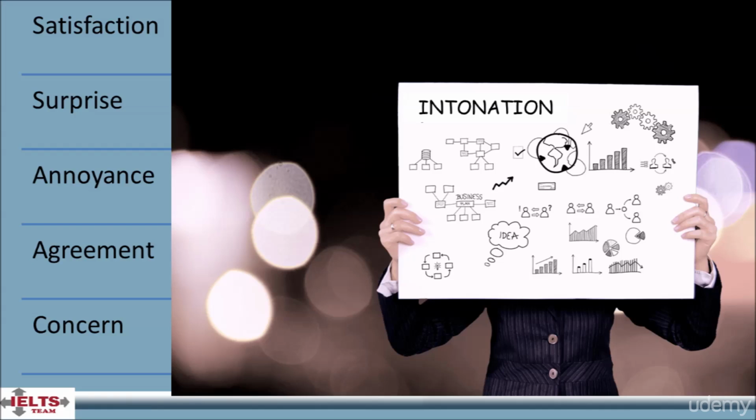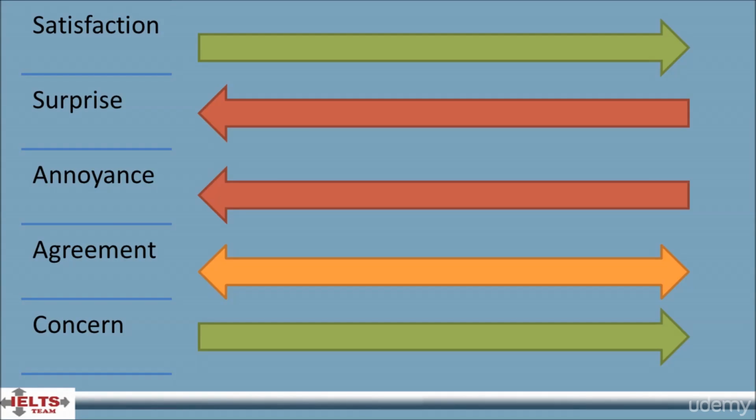By changing their intonation, speakers show their satisfaction, surprise, concern, agreement, or annoyance. So, if the speakers show signs of surprise through their intonation, you can expect that the direction of the talk will change.